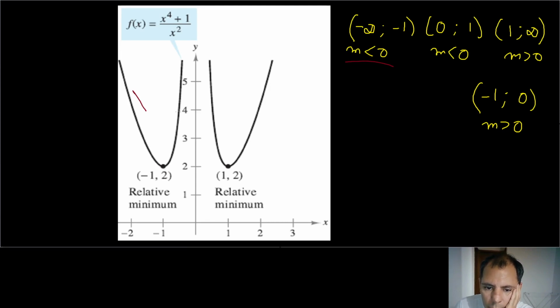From minus 1 all the way to 0, the slope is positive, and I got it right, it's positive here. From 0 all the way to 1, the slope is negative, I got it right. And from 1 all the way to infinity, the slope is positive, I got it right. So there you go. That's what the graph looks like.